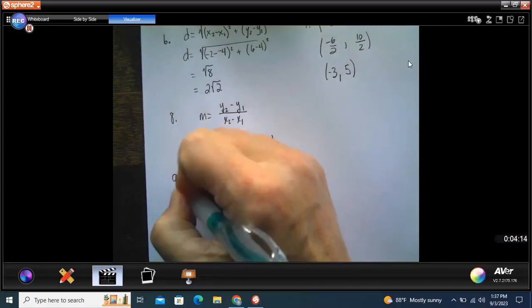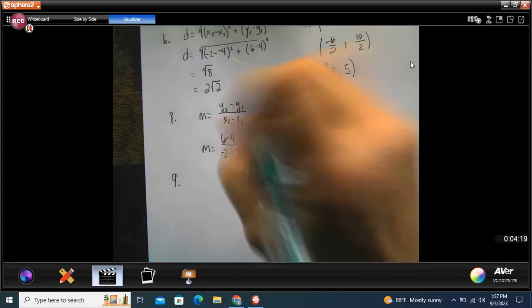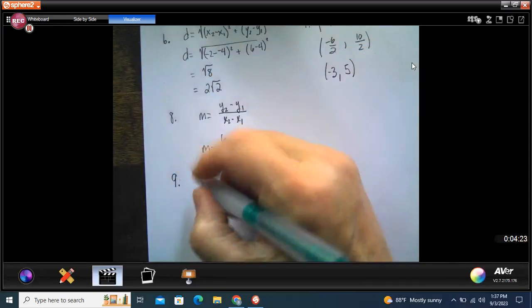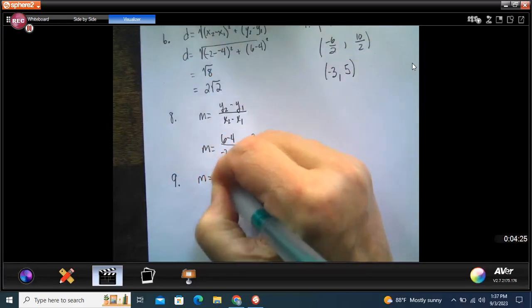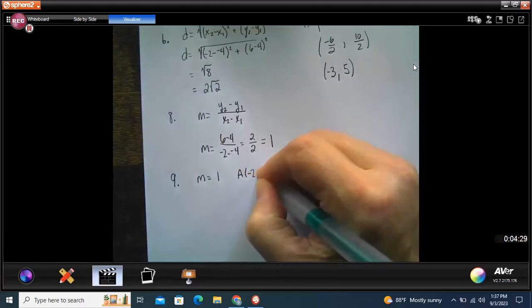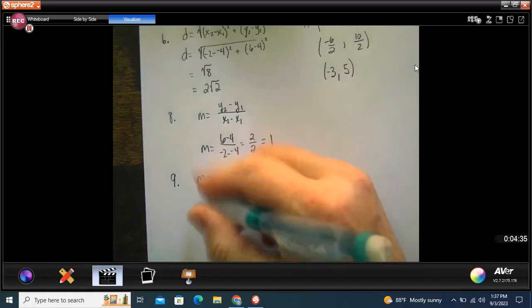Then for number 9, I'm supposed to find the equation of the line that passes through these 2 points. Well, I already have the slope. The slope is 1, and then I want to use one of the points, and there's several different ways to get here. I like to use point slope form.